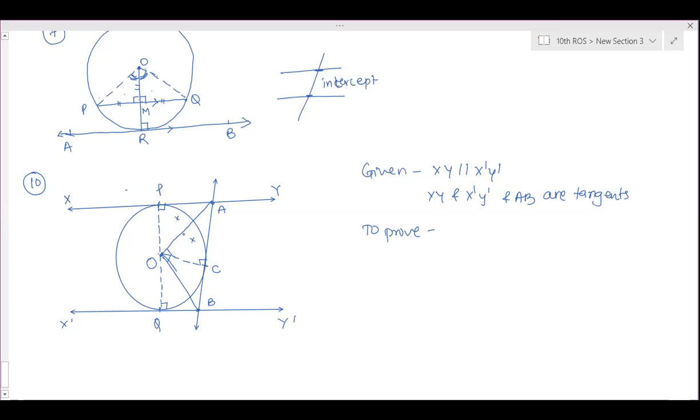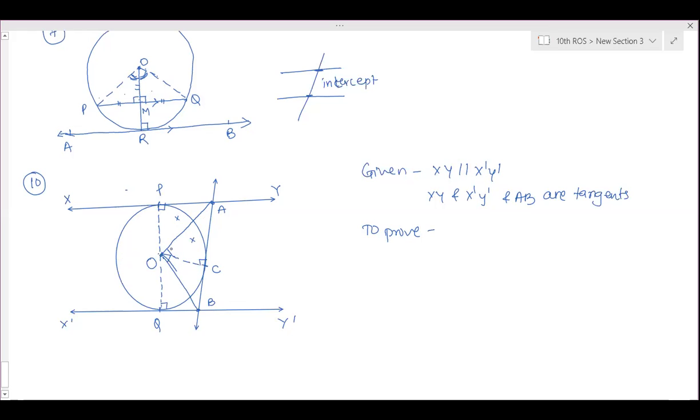How to prove congruency? AOC and AOP triangles we have to prove congruent. Angle P and angle C are equal, AO is common, and OP and OC are radii.